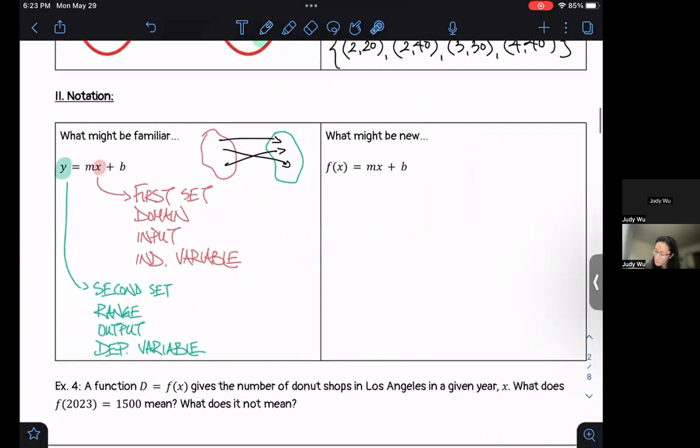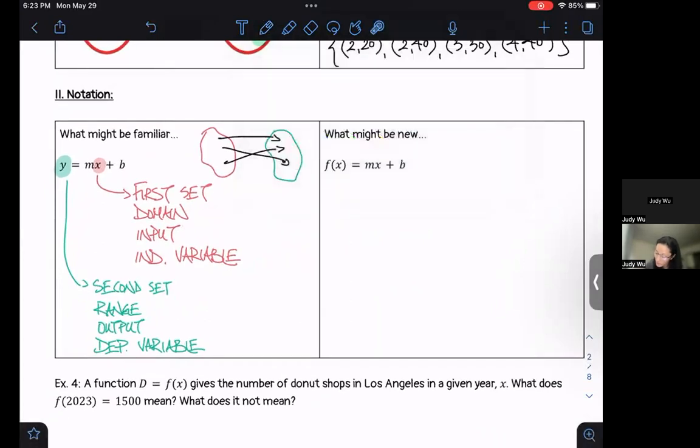But if we look at what might be new, all right, I still have mx plus b, but I've now changed the y to be an f of x, right? It means the same thing. In fact, I'm going to use that same color. F of x is how we call the second set, the range, the output, the dependent variable, okay?